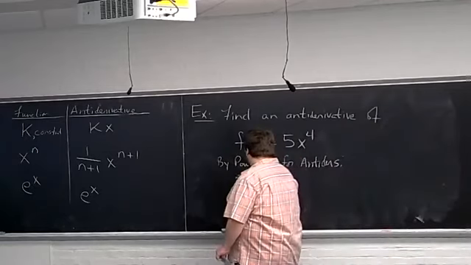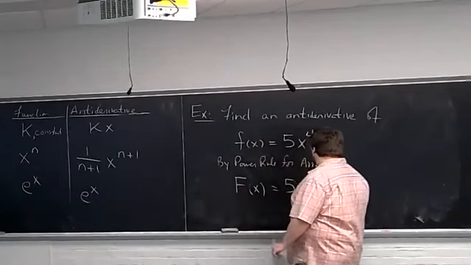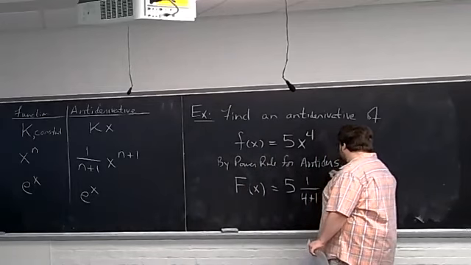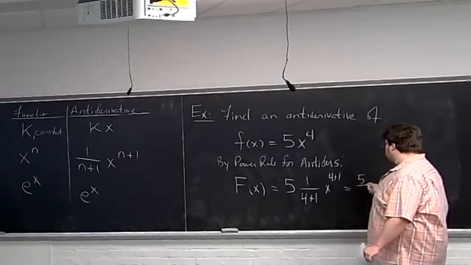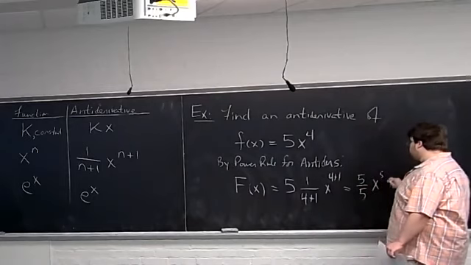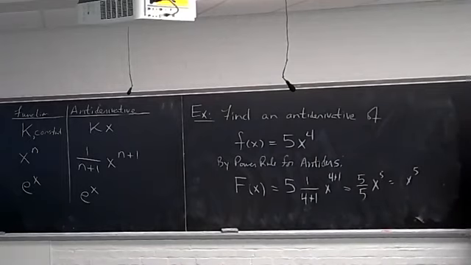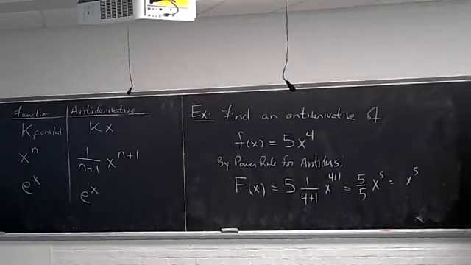Our capital F, our antiderivative, is 5 times 1 over 4 plus 1, x to the 4 plus 1, which is 5 over 5, x to the 5th, which does give us our x to the 5th. Once you do more practice, for something like this, you may be able to jump there. But in general, I would recommend using the power rule.